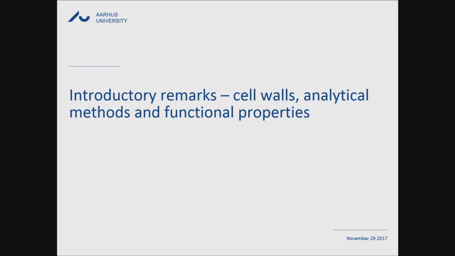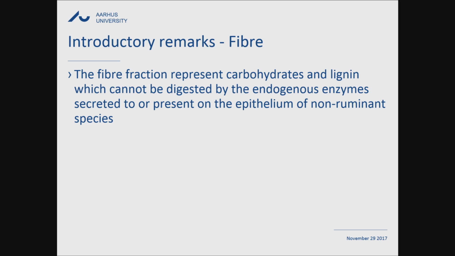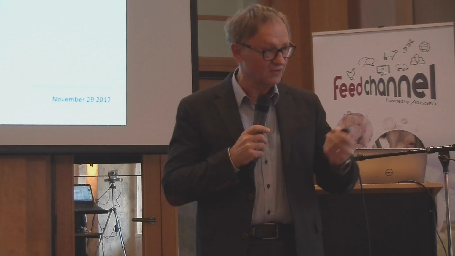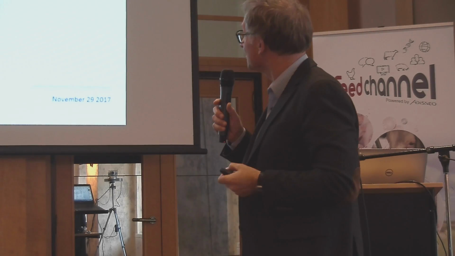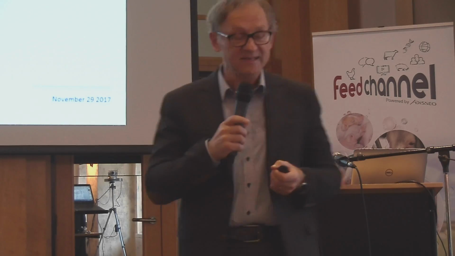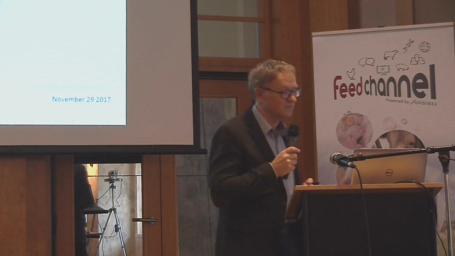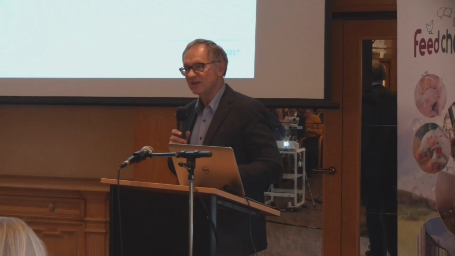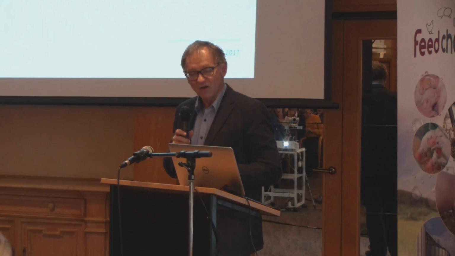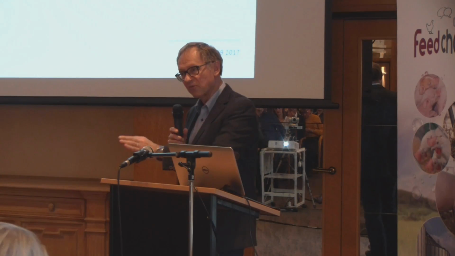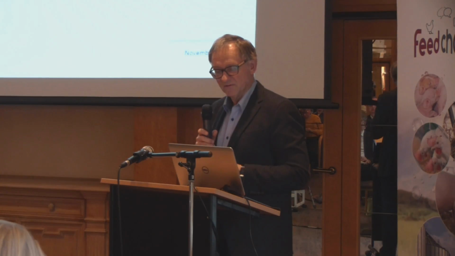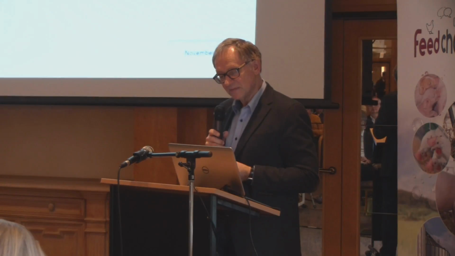A few words about the fibers. If you're looking into definitions, there are several definitions of fibers, but just to sum up what I consider as the fiber fractions: they represent the carbohydrates and lignins that are not digested by the endogenous enzymes, either those which are secreted into the gastrointestinal tract of monogastric species or present on the epithelia of non-ruminant species.